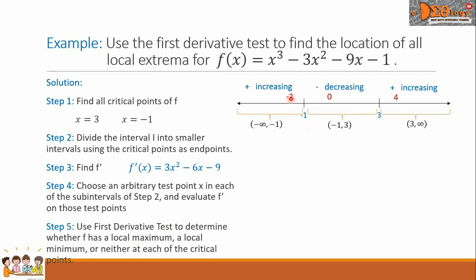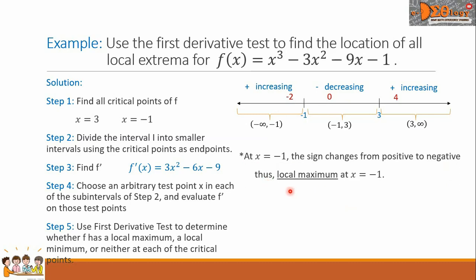On the left side of -1, the derivative is positive and it is increasing, while the right side of this -1 is negative, that is decreasing. So we say that at x equals -1, the sign changes from positive to negative. Thus, there is a local maximum at x equals -1.